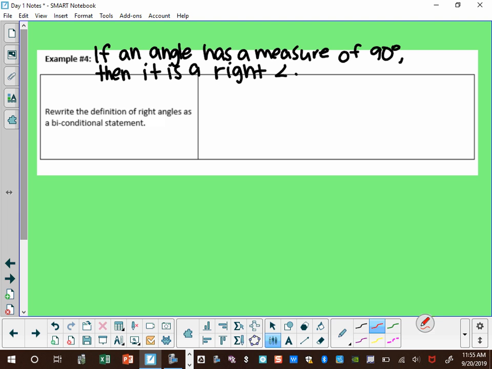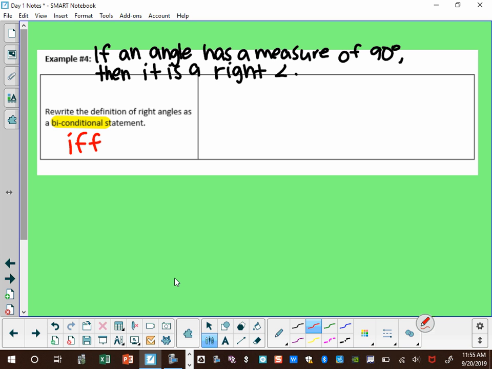What you have to think about is when it says biconditional, look at your blue sheet. What is that word that I like to write as IFF? If and only if, okay? That's how we know what our biconditional is. Everyone pay attention to this. When we do a biconditional statement, we need if and only if, but we don't need the word if, and we don't need then. So we're going to rewrite this, and in the middle we're going to put if and only if. Here's my definition. Write this down.